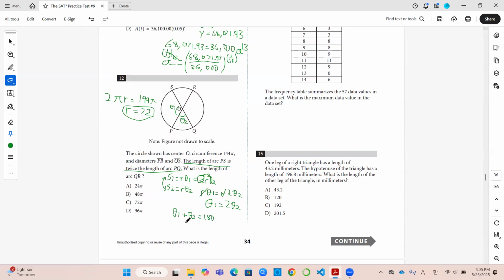And we know that theta 1 is equal to 2 theta 2. So 2 theta 2 plus theta 2 is equal to 180. And theta 2 is equal to 60. And theta 1 is equal to 120.